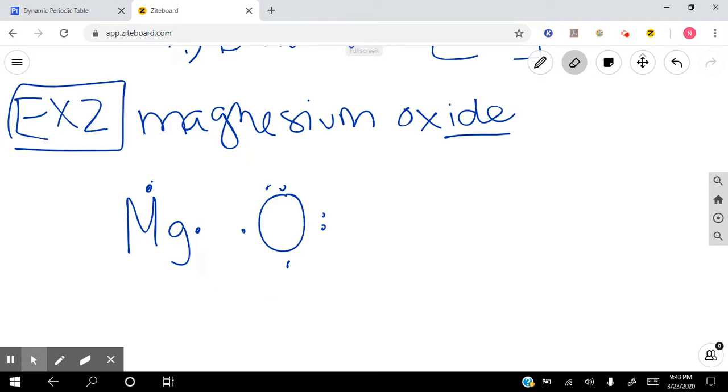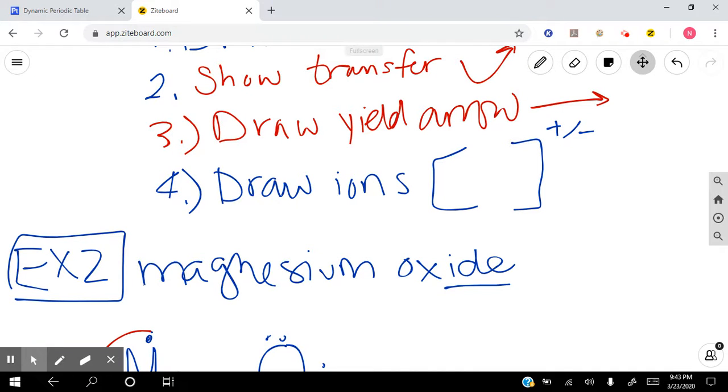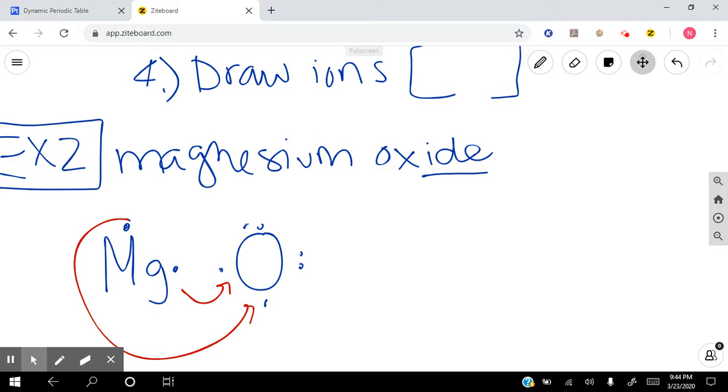They're not flat on a piece of paper. So I just kind of draw them where it's closest. Let's loop that one around. That's step 2. Step 3 is to draw your yield arrow. It's just that straight arrow that separates the transfer side from the ion side.